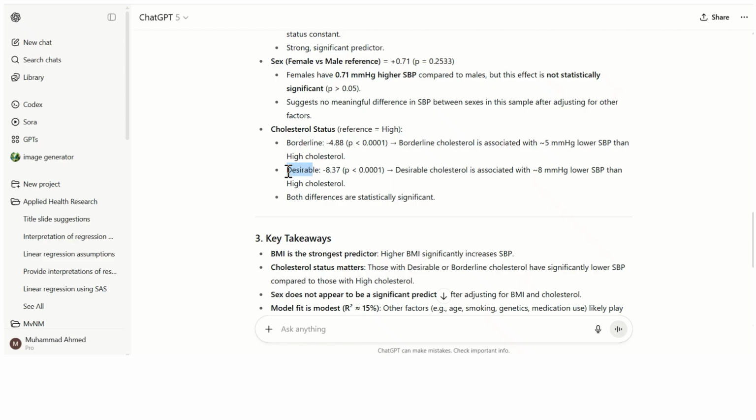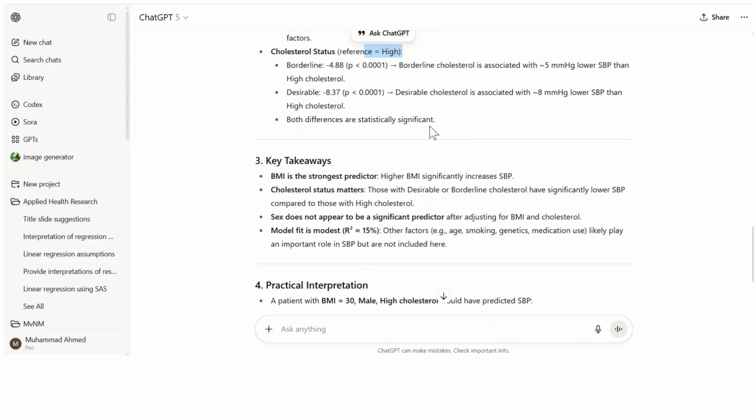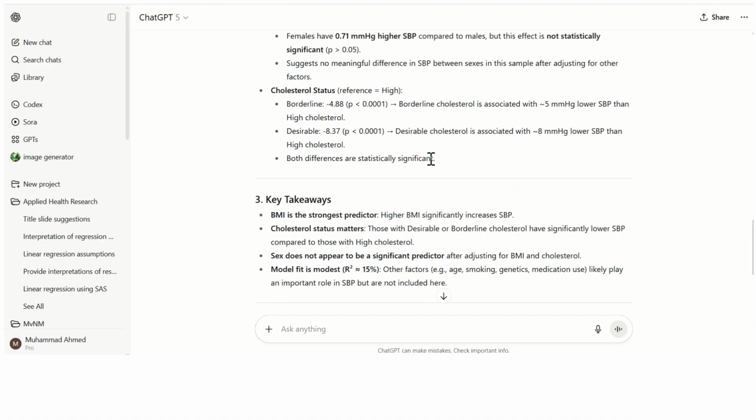And those with desirable cholesterol status have in fact much lower systolic blood pressure compared to those who have high cholesterol. So they have almost 8.4 millimeters of mercury lower. Okay, and both the differences are statistically significant because they are lower than 0.05.